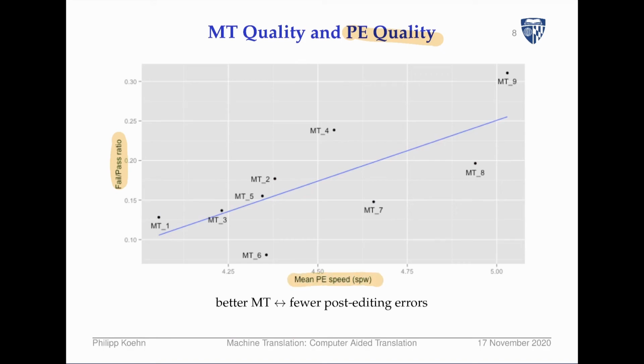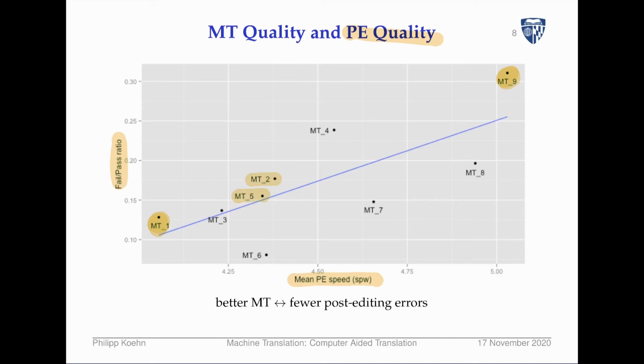So we're going to plot this against the post-editing speed. Here's our best system, where it took just over 4 seconds per word, and here's our worst system, where it took over 5 seconds per word. And there are also many more mistakes being made in the worst system than in the best system. And the other systems somewhat correlate along the lines. You do see, for instance, that the systems are a little bit out of order.